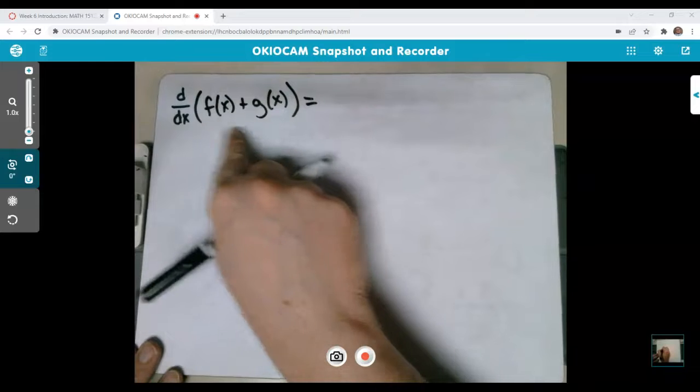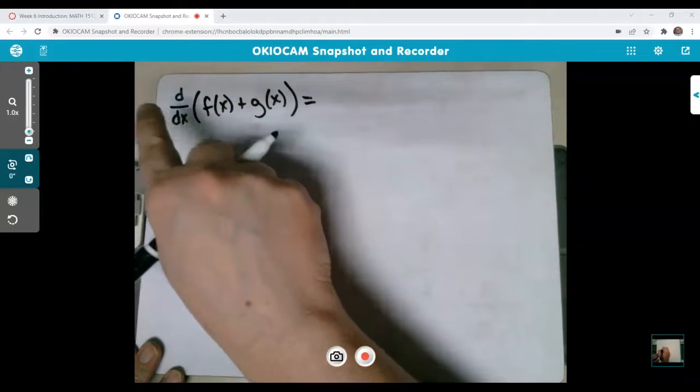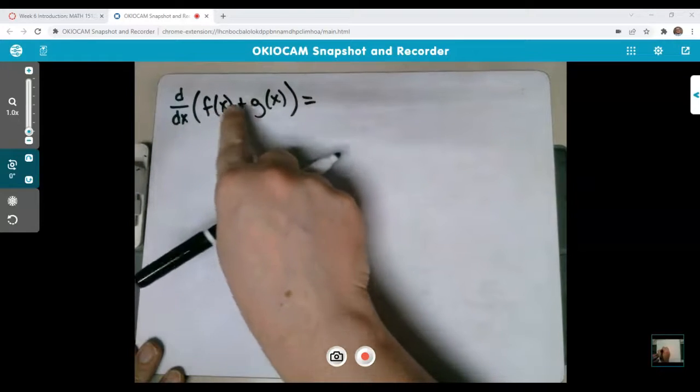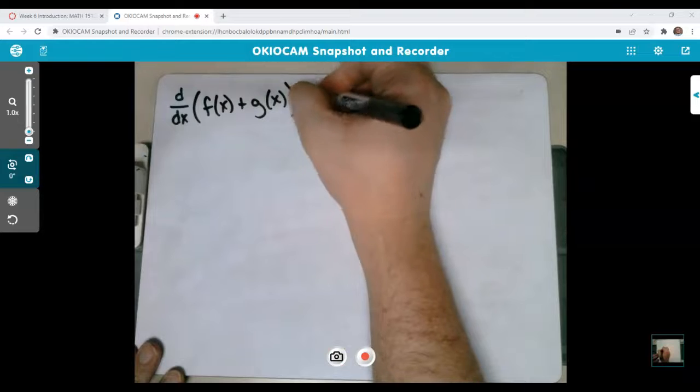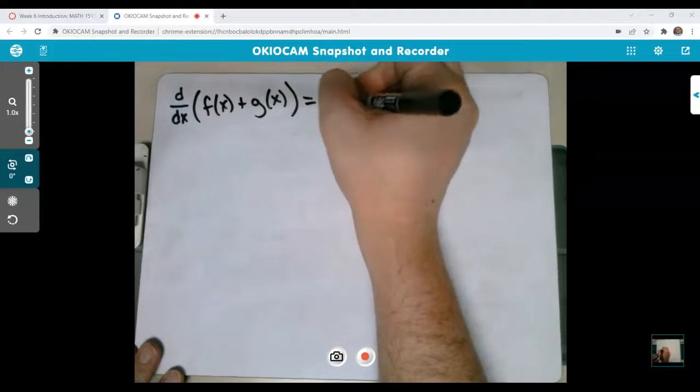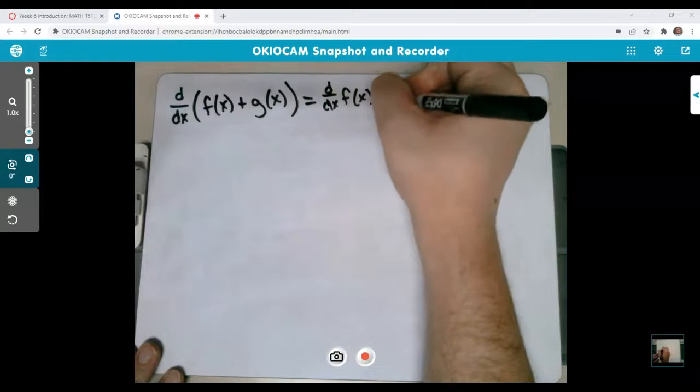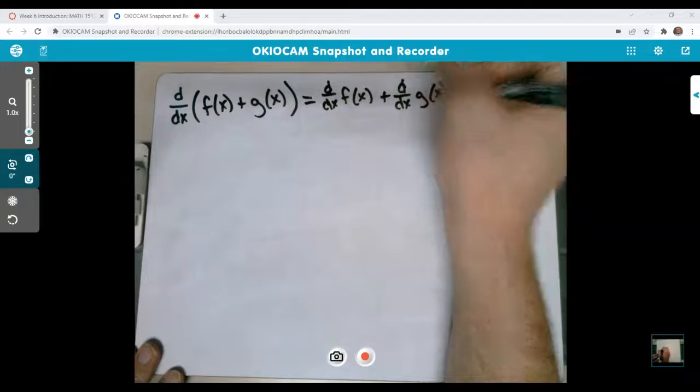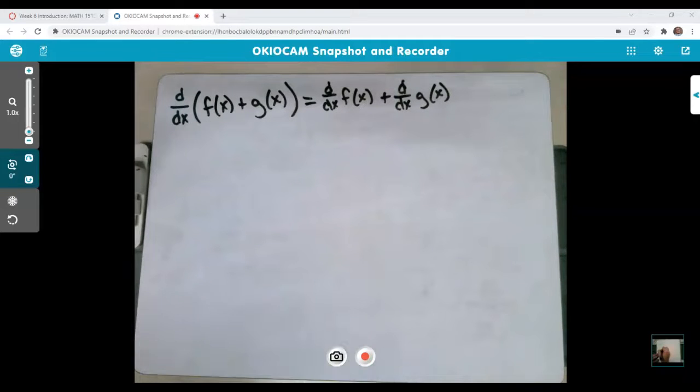So instead of having to add them and then do all that, I can just take the derivative of each term. So that's going to be the derivative of f of x plus the derivative of g of x. I can just do each term.